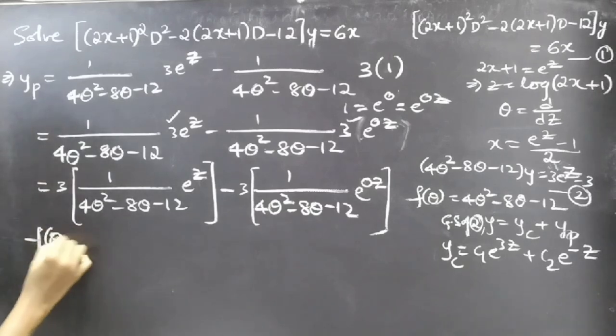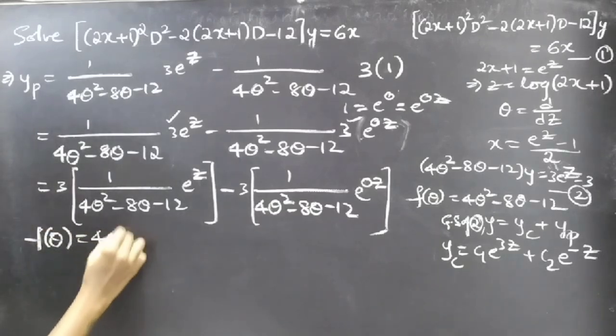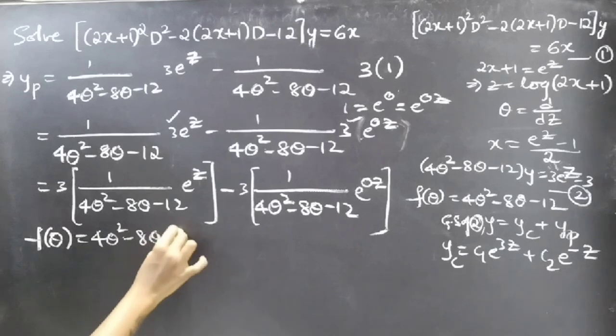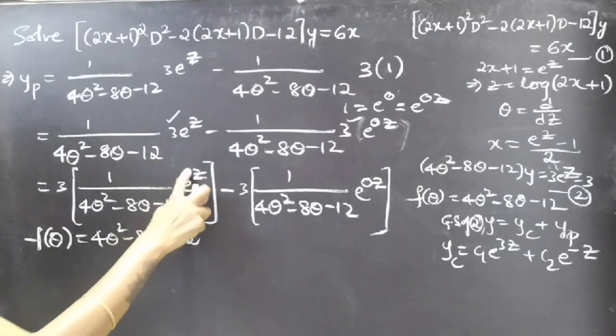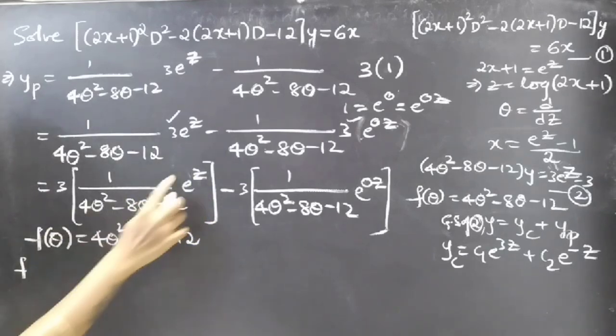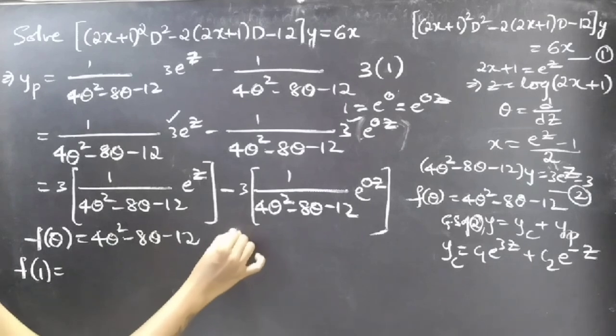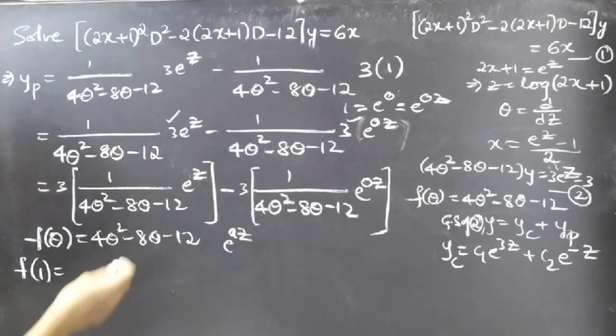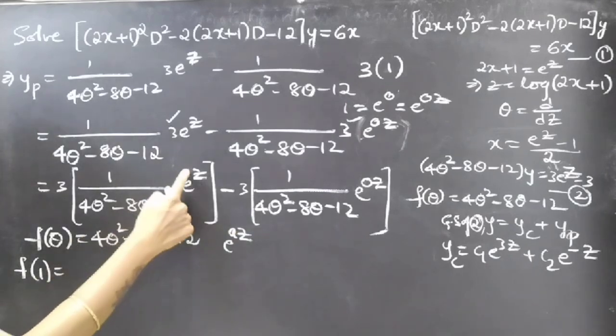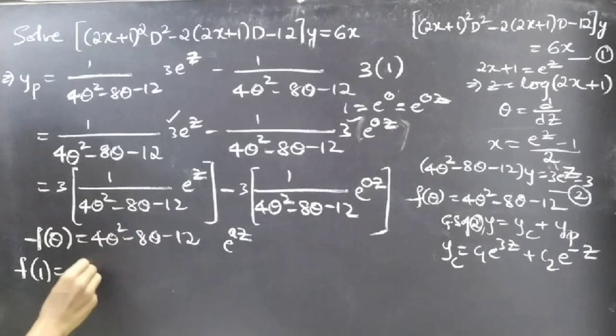We have f of theta equal to 4 theta square minus 8 theta minus 12, right? Here we'll find f of 1. Since it is e power az type, we'll find f of a, that is f of 1.